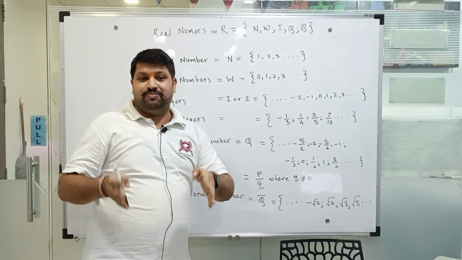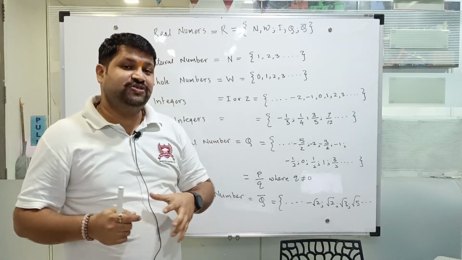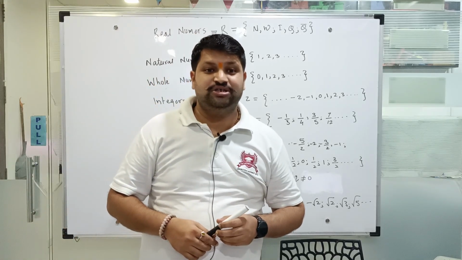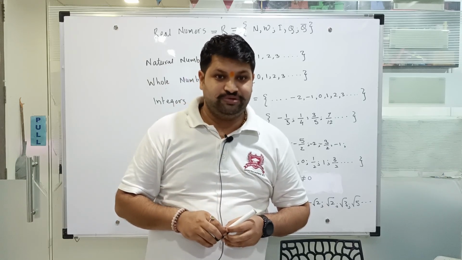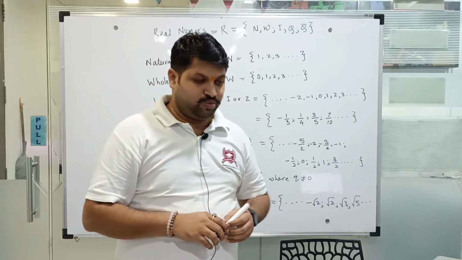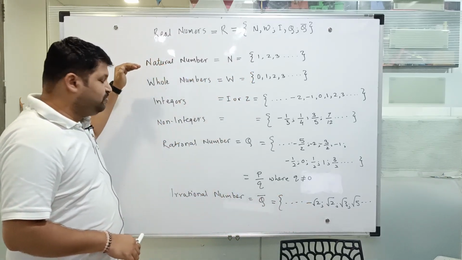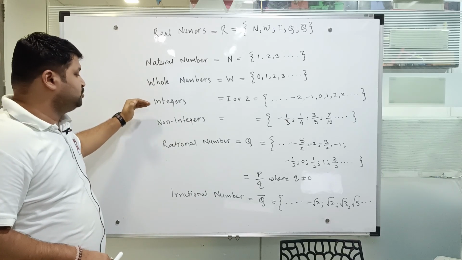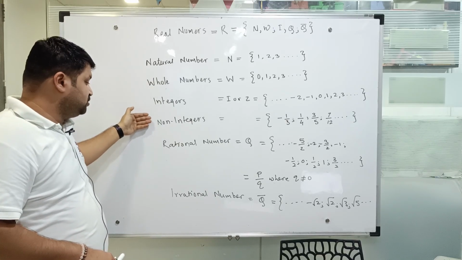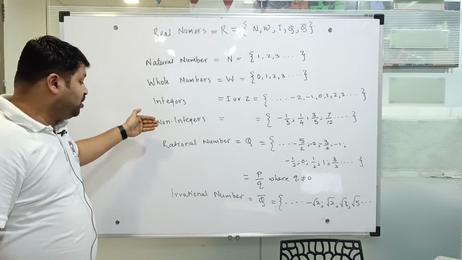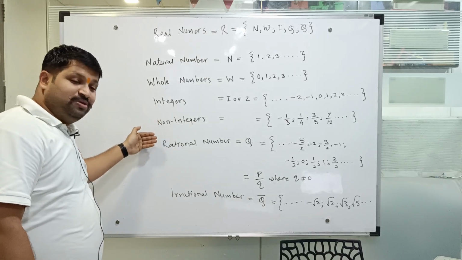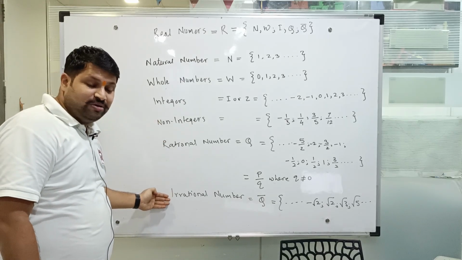Okay, so far we have discussed all the different types of numbers that we use in mathematics. When we have number systems, the first thing that we need to understand is what kind of numbers we are talking about. So we have natural numbers, whole numbers, integers, non-integers. Integers and non-integers coming together would be called rational numbers. If a number is not rational, then we'll call it irrational numbers.